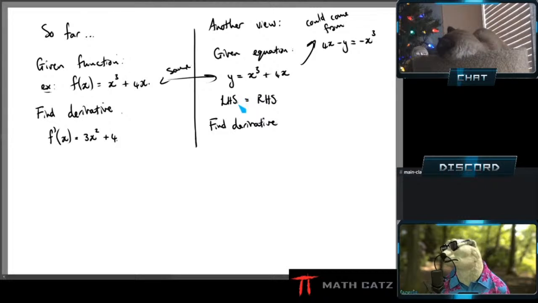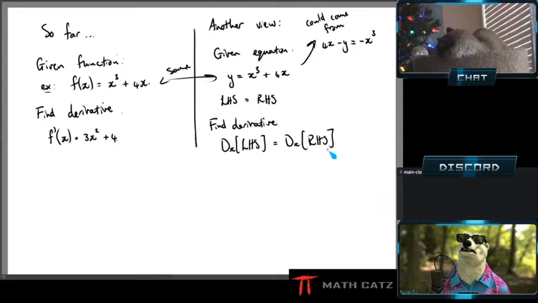So their graphs are the same, their behavior is the same, their rates of change are the same, everything's the same. So their derivatives will also be the same. So if I take the derivative of the left-hand side of the equation, it has to be the same as the derivative of the right-hand side of the equation. The same. So their properties are the same.